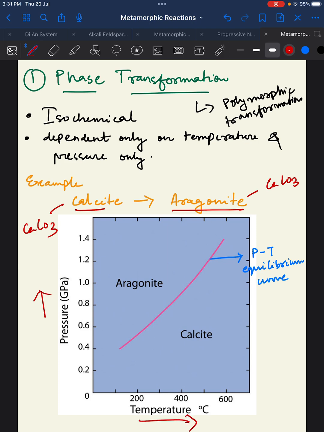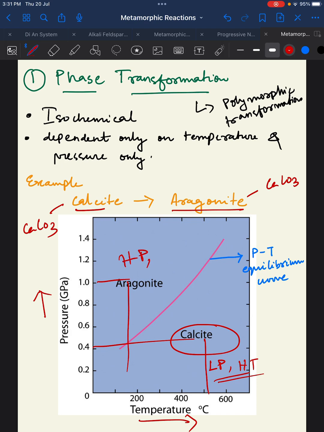If we see this pressure temperature diagram, with pressure on this axis and temperature on this axis, we can see that calcite is a low pressure, high temperature mineral, since it is existing in this zone, and aragonite has a lower temperature but a higher pressure. So aragonite is a high pressure mineral, while calcite is a high temperature mineral.